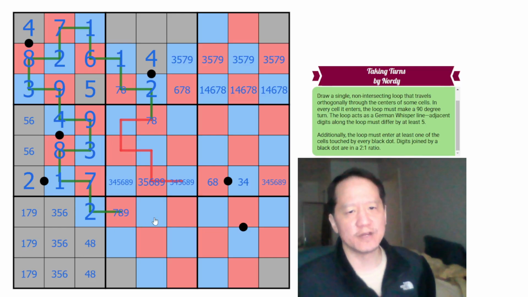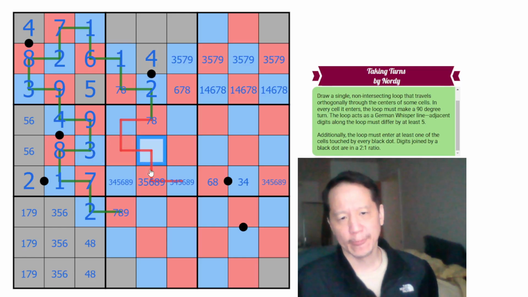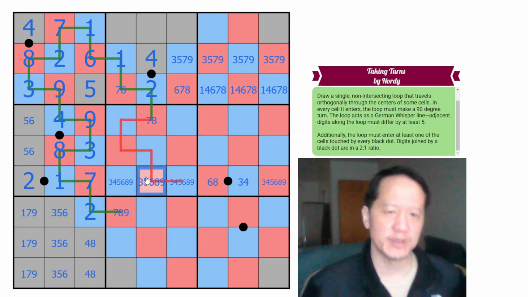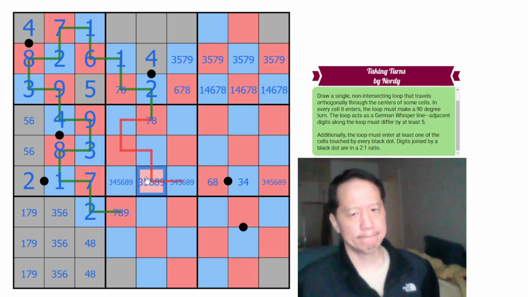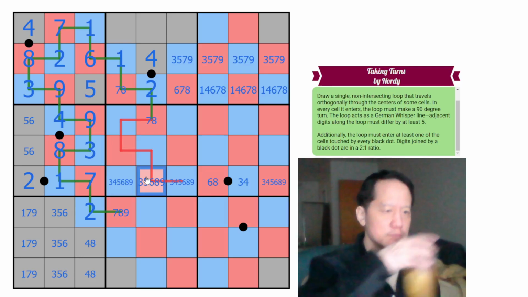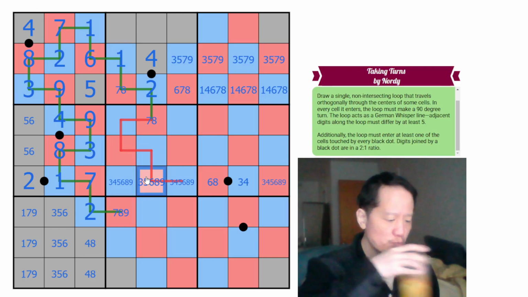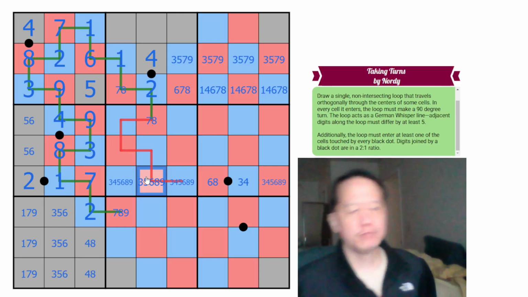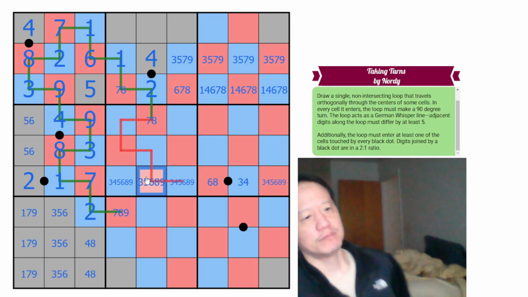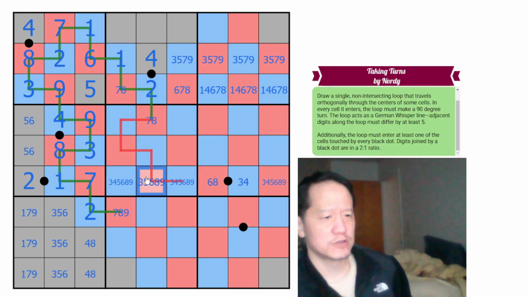This would obviously have to be a 1 because it can't be 2, 3, or 4. This would be 2 or 3, which is valid. This would be 3 or 4, so it would have to be next to an 8 or 9. I mean, it seems like it works.